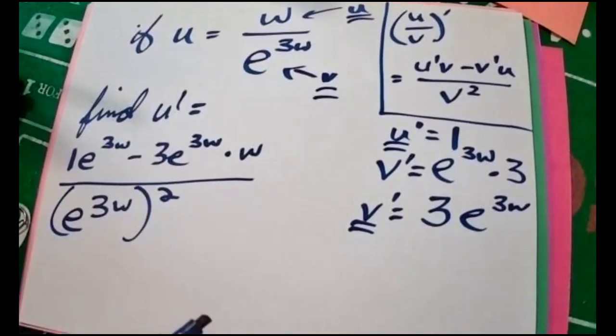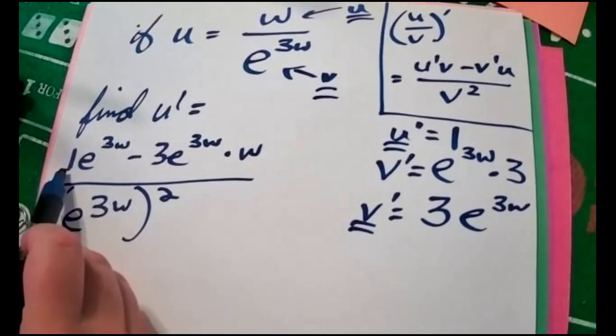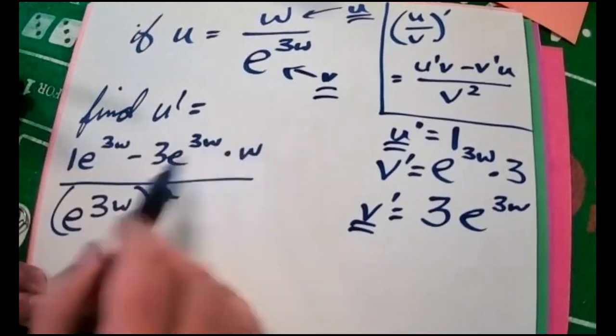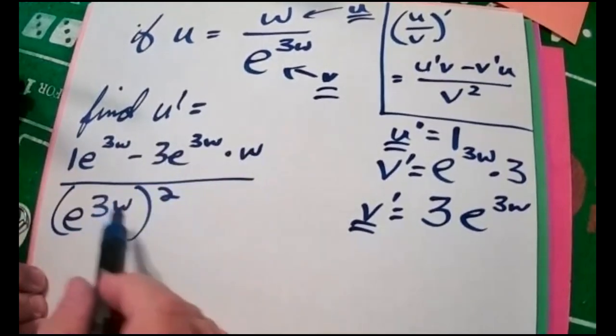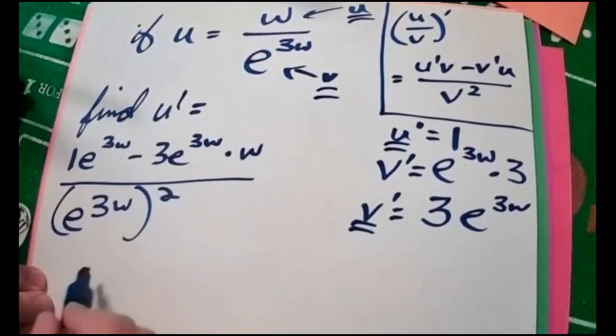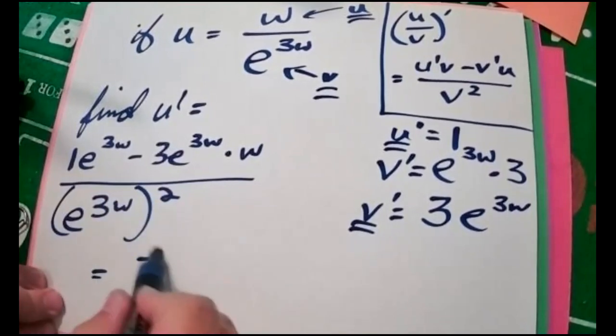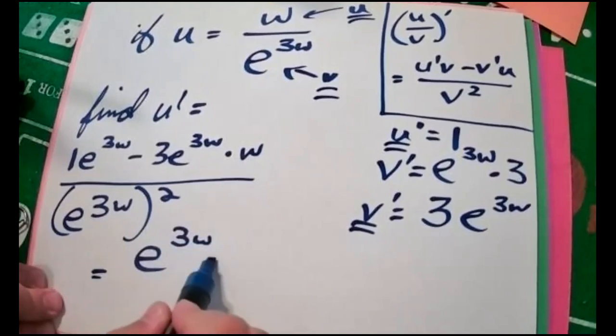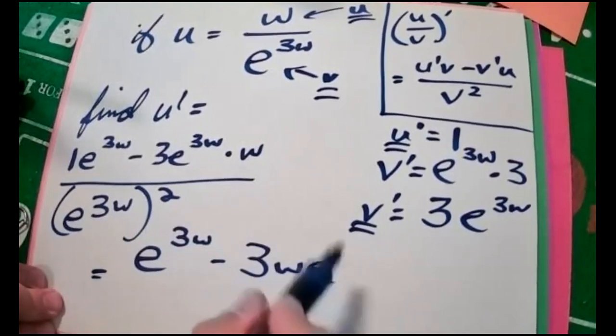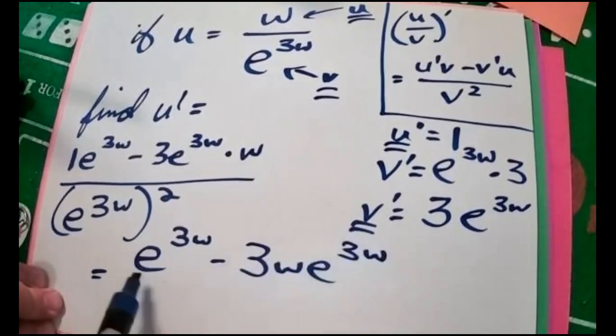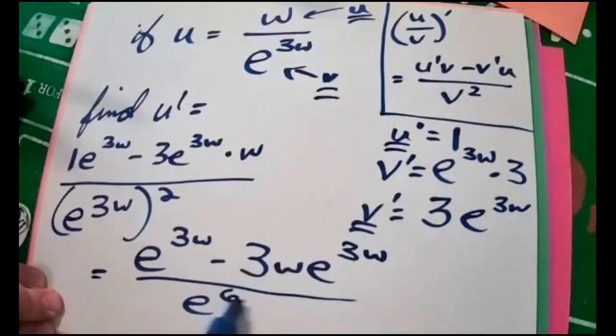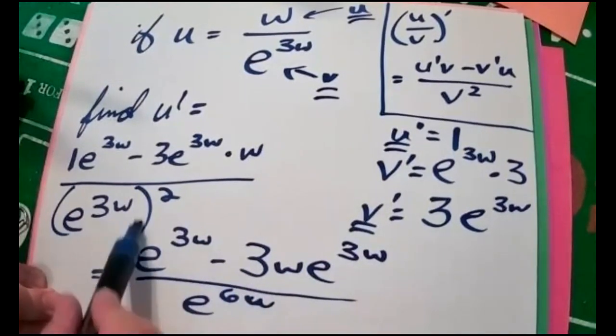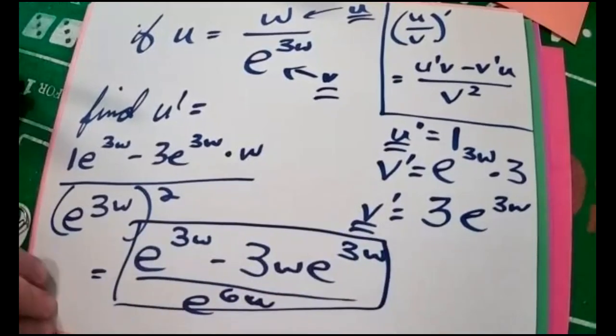Can we simplify a little bit? Sure, we can. Maybe it'll be nice to take this 1 out. Maybe I could stick this w in between the 3 and the e. Maybe I could figure out what 3w times 2 is. My ultimate solution here should read e to the 3w minus 3w e to the 3w all over e to the 6w. This is the answer we're looking for in a question like this, simplifying it.